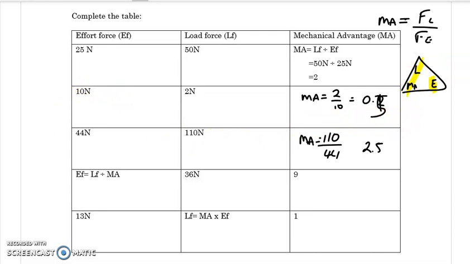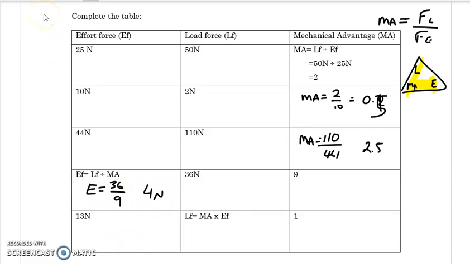So with that in mind, we're going to take that load of 36 newtons divided by 9. That gets you an effort of 4 newtons.